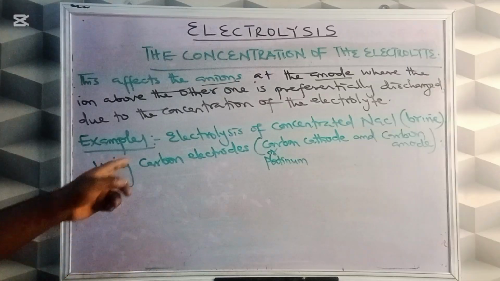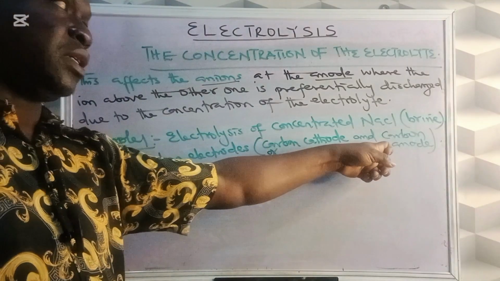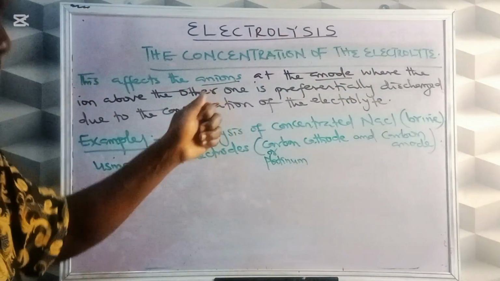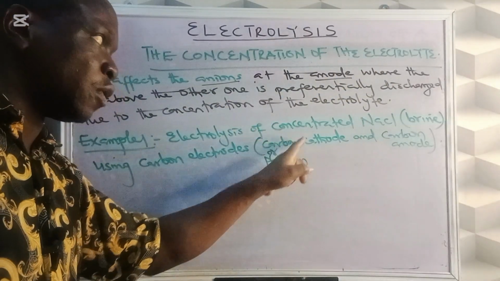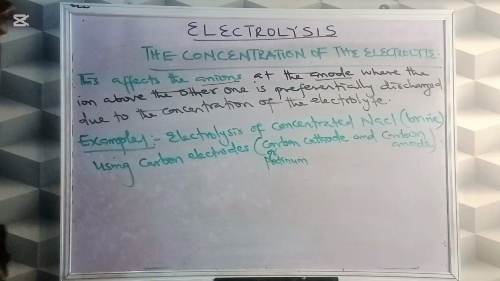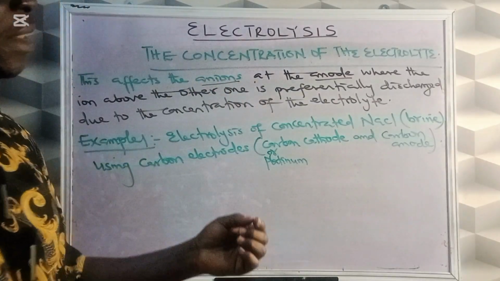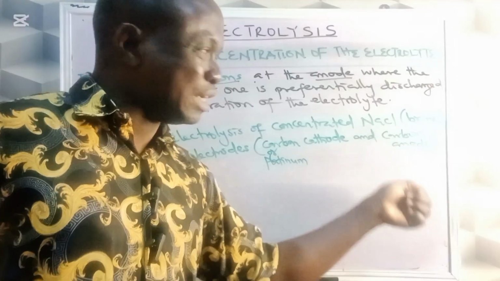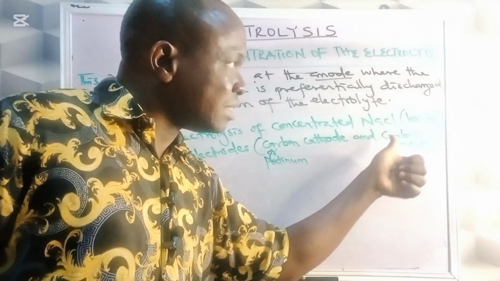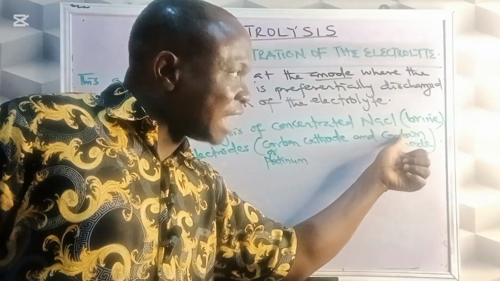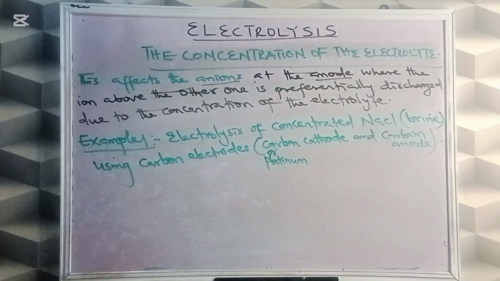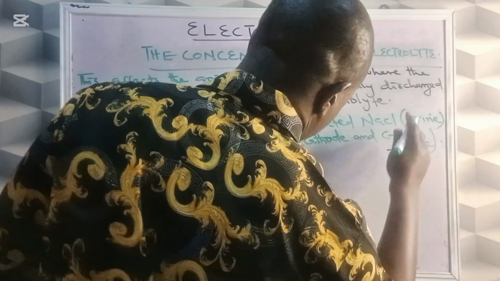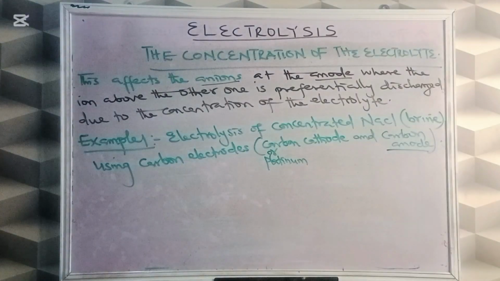But for concentrated one, the anode is made of nothing but carbon, but the cathode could be carbon or platinum, to prevent the anode from being attacked by the products liberated at the anode. Please take note of that. I will put it in a tabular form.